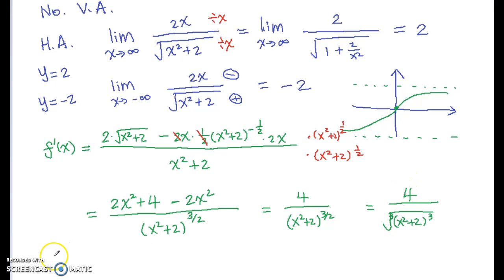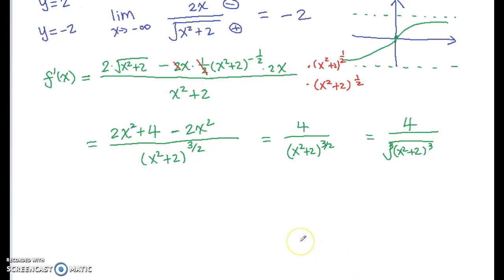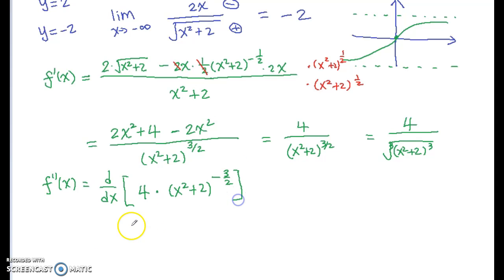Now, in order to find the second derivative, it is easier to put it into power form. So f double prime of x equals the derivative with respect to x of the power form of this, which is 4 times (x squared plus 2) to the negative 3 over 2 power.